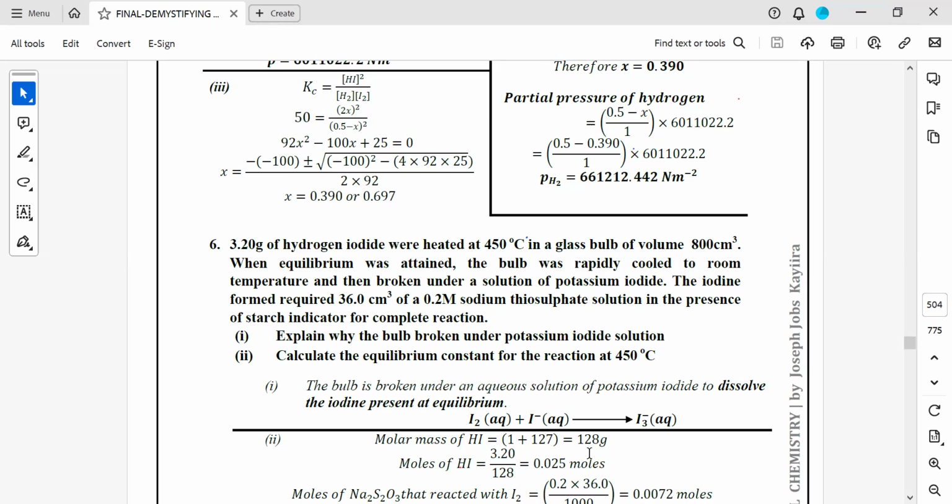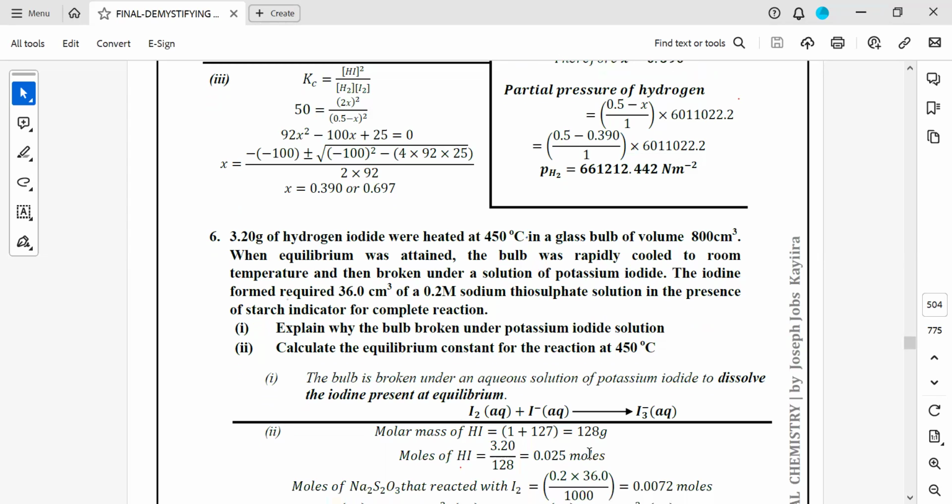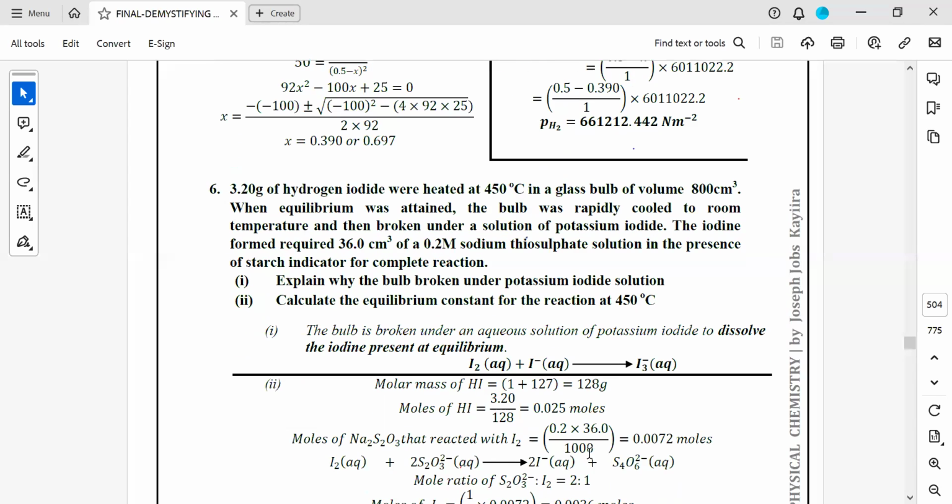So in that case, we have no way we are going to apply the partial pressures. So it's better for us to stick to Kc.